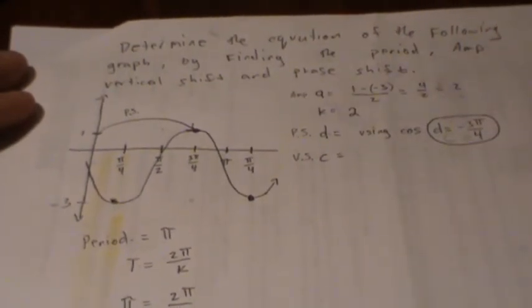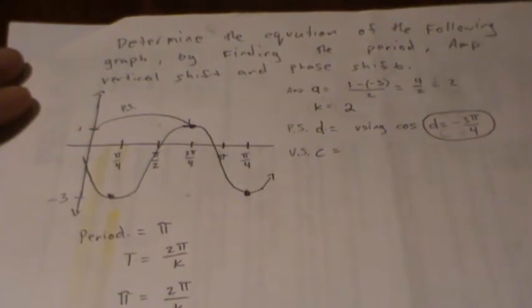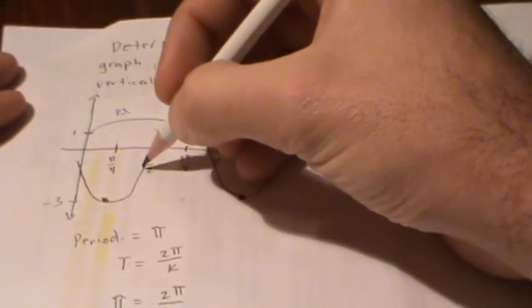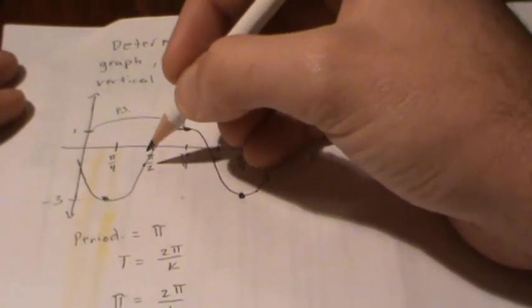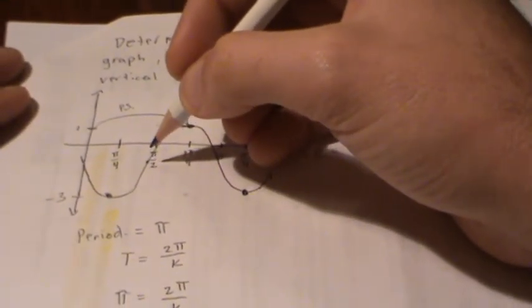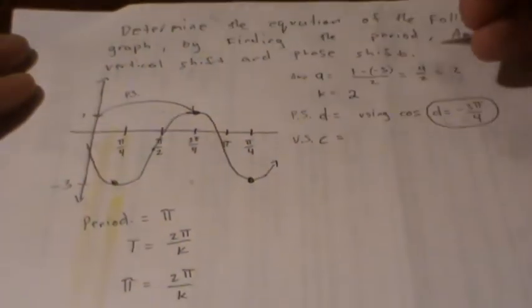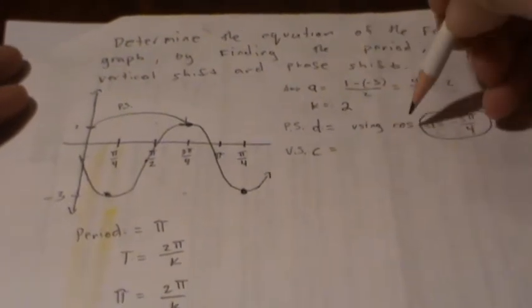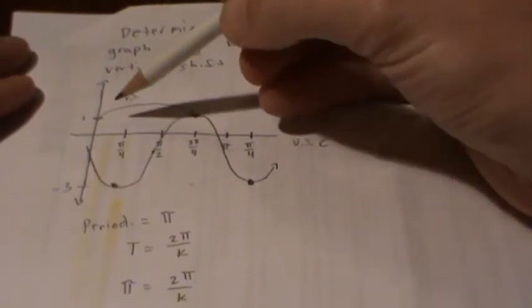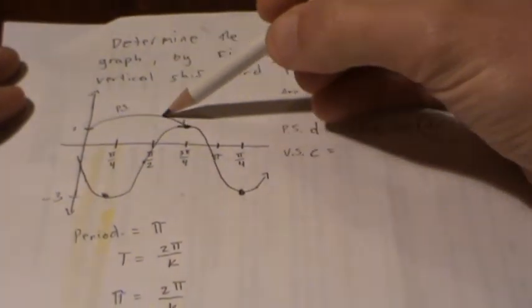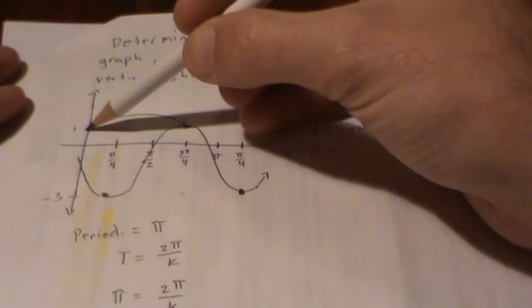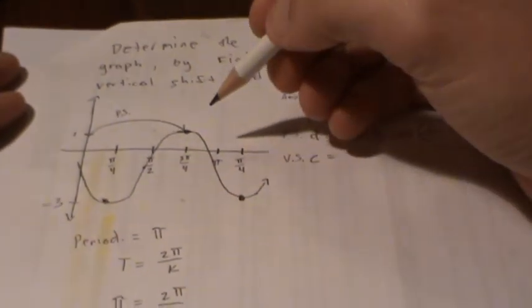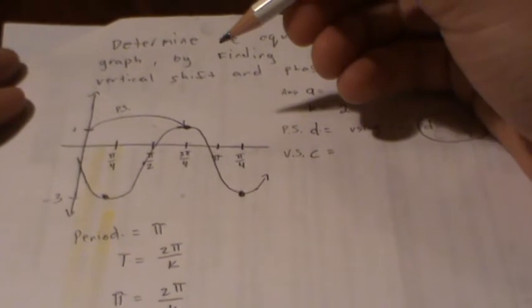That is my phase shift. I could use sine as well, but then it's not an easy thing to do. So the best thing to do when determining an equation is to always use cosine, and then figure out the distance between the first maximum and the y-axis, because the maximums are generally very easy to see.